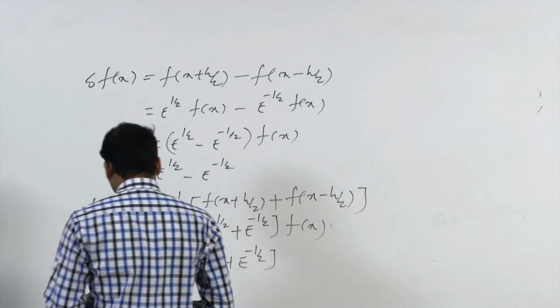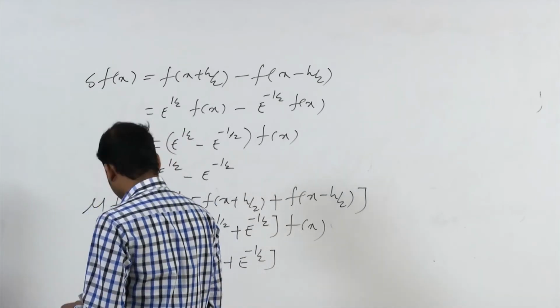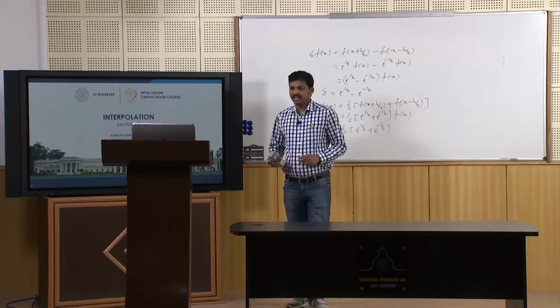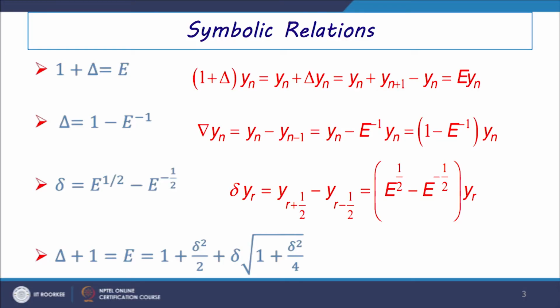So sequentially, if we apply this shift operator, then we can express E equals 1 plus delta square by 2 plus delta square root of 1 plus delta square by 4 also.